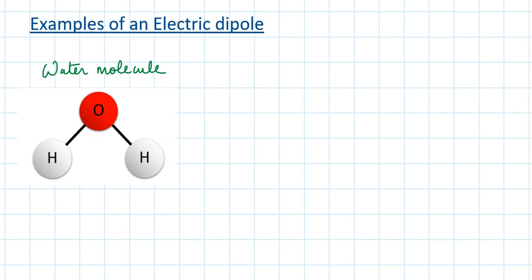This happens because of the difference in electronegativity of the atoms involved. From your study of chemistry, you must know that oxygen is more electronegative as compared to the hydrogen atoms, which are themselves electropositive.